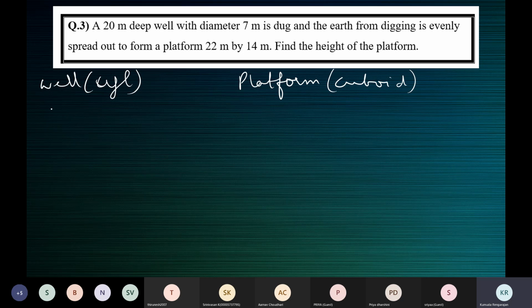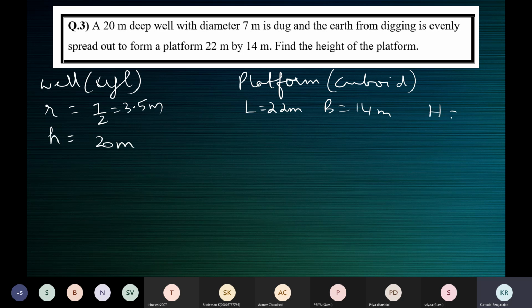For the well, we need the radius and the height, both given to us: 7/2 or 3.5 meters, and 20 meters deep. For the platform, L is 22, B is 14, and H is the question mark. This is what we'll have to find.